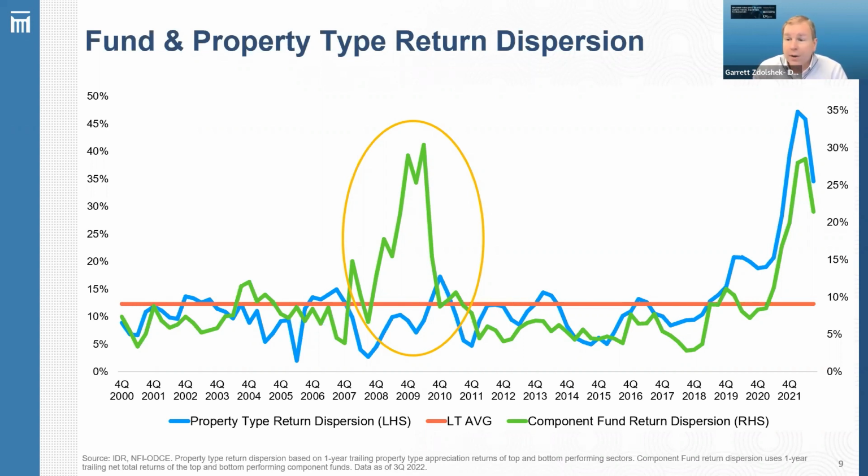If you had the right overweights in your fund, it almost didn't matter what asset you owned as long as you owned the right type of asset. We think that will start to change. We're seeing evidence of that already, where the quality and the manager skill at the asset level is going to come into play a lot more.